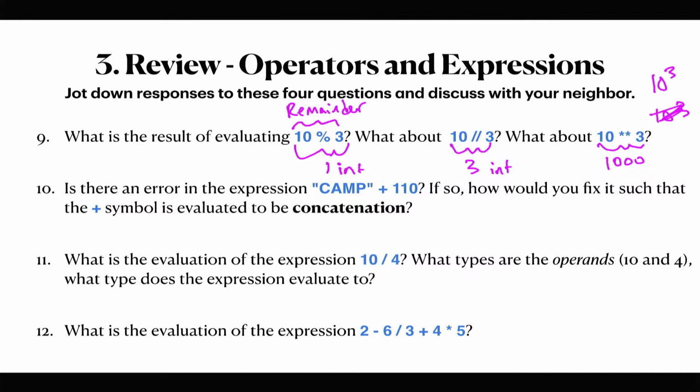Yes, there is. The first one is a string, the other one is an integer. And in order to evaluate to something, you should put the 110 inside quotation marks, so it can both be a string. Great. So there are a couple of ways to fix this, and the most obvious would be, put some quotations around this.